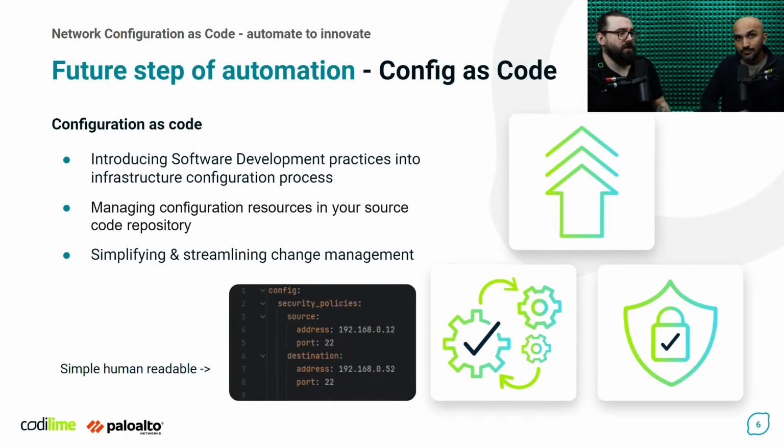I think probably everyone can figure out what this config will give us. We have some source address, some destination address. So it is very simple for a human to read what the configuration looks like.